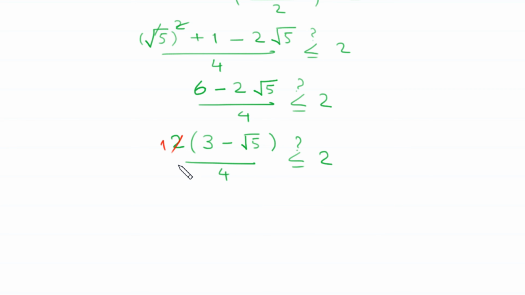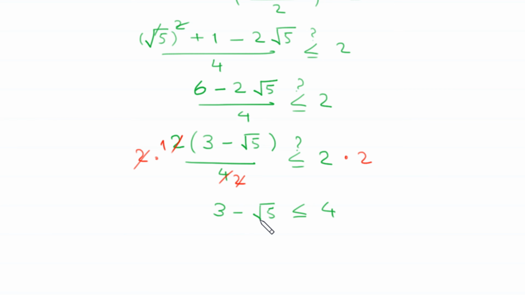Now these two, 1 time and 2 times 4, and from here we multiply both sides of this inequality by 2. So this 2 will cancel out with this 2, and we are left with 3 minus square root of 5 is less than or equal to 4, and square root of 5 is greater than 2.